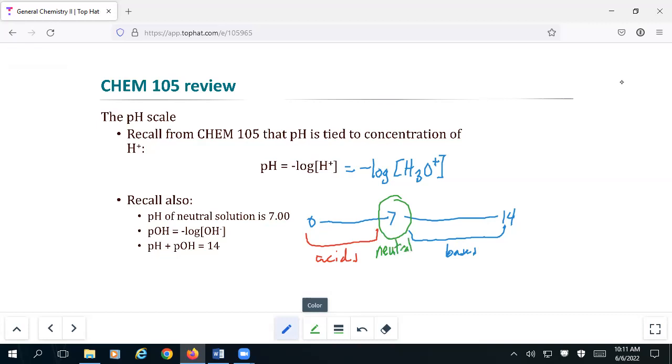Now, from a true definition of neutral, neutrality doesn't actually exist unless pH is at 7. But when we talk about neutrality for purposes like water purity, or a swimming pool or a hot tub, or other recreational uses of water, chances are pretty good we're not going to get pH 7.